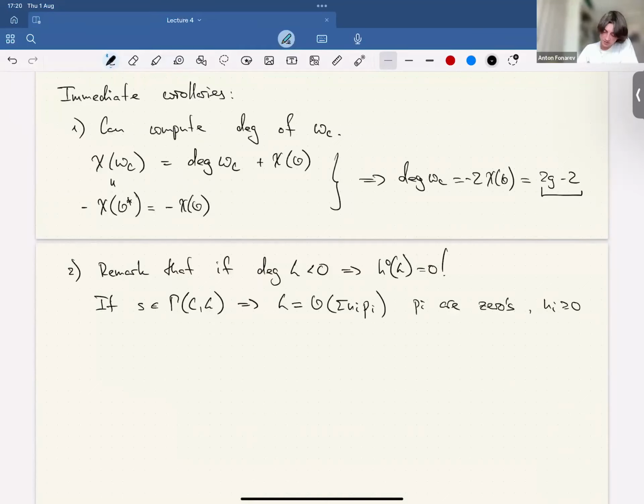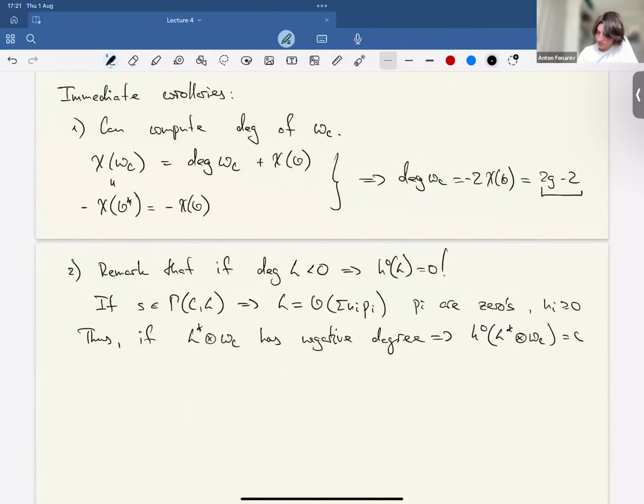All right, this is good. So thus, and here is an important part, if L dual tensor omega c has negative degree, then H naught of L dual tensor omega c equals 0.